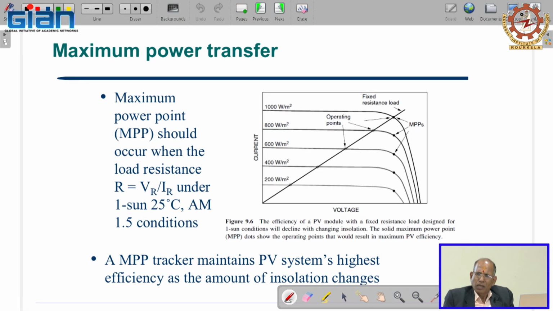This way it will increase to a higher insolation level, and then in the afternoon it starts decreasing. So now you'll see that we don't have one IV curve. We have several IV curves, say 5, 7 IV curves, as you are seeing in this figure.